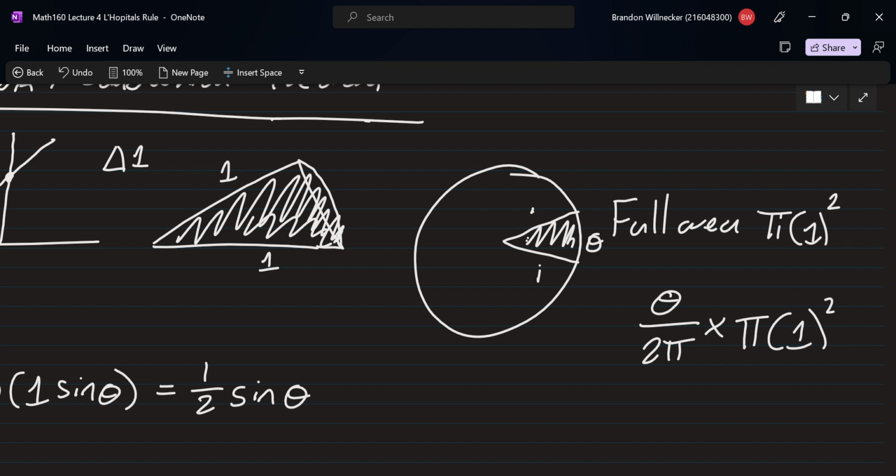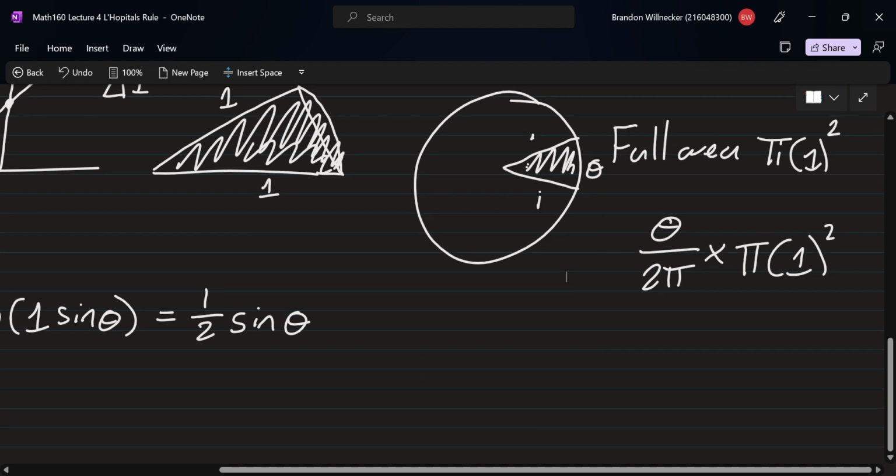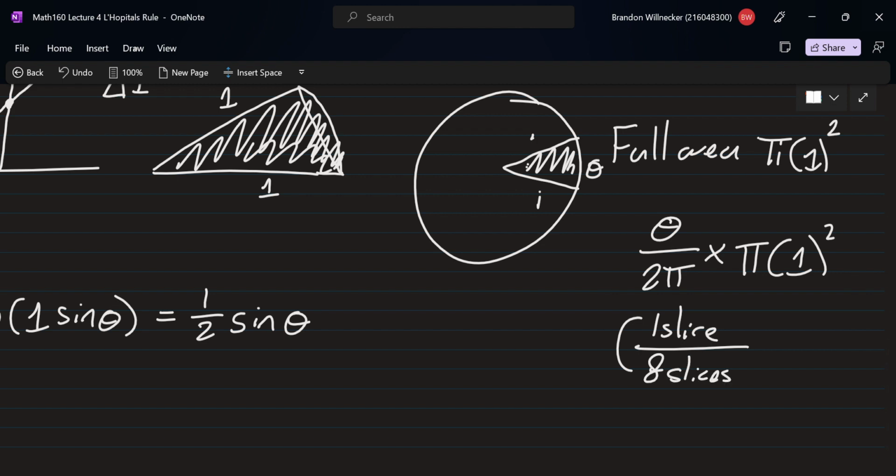Here we've got an angle theta. The full angle going all the way around, imagine like the 8 slices, is 2 pi. So we've got theta amount out of 2 pi, so it's theta over 2 pi. It's very similar to what we had with the 1 slice over 8 slices times the full area.